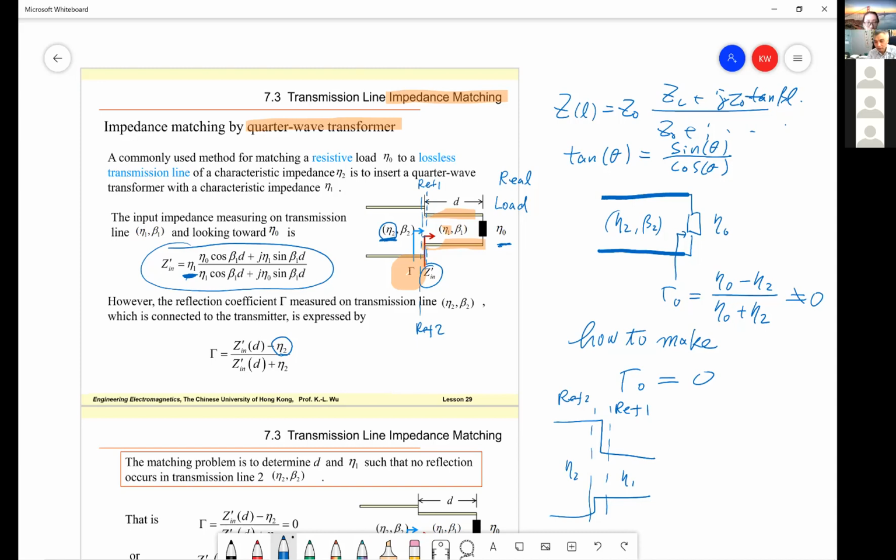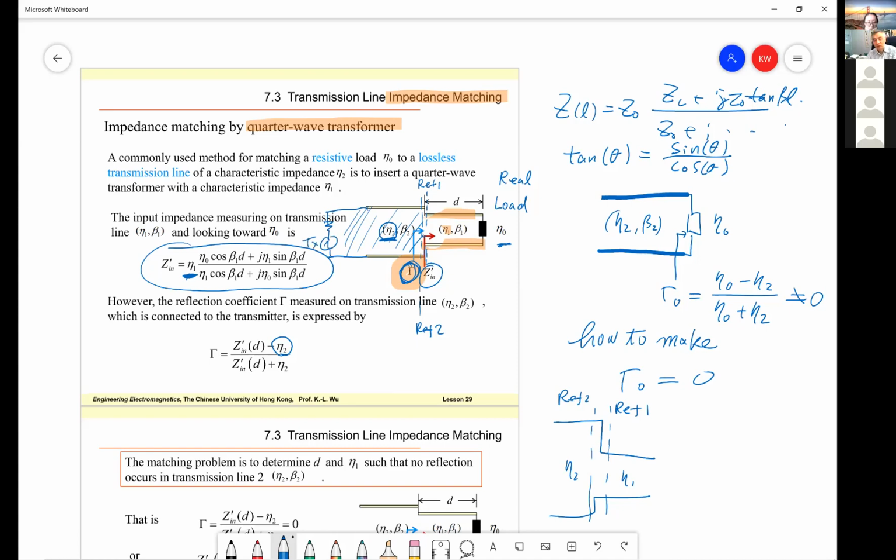In this case, I can measure the reflection coefficient. This reflection coefficient is the real reflection coefficient I am concerned with. I don't like to have reflection in my transmission line, because this will eventually connect to my transmitter.